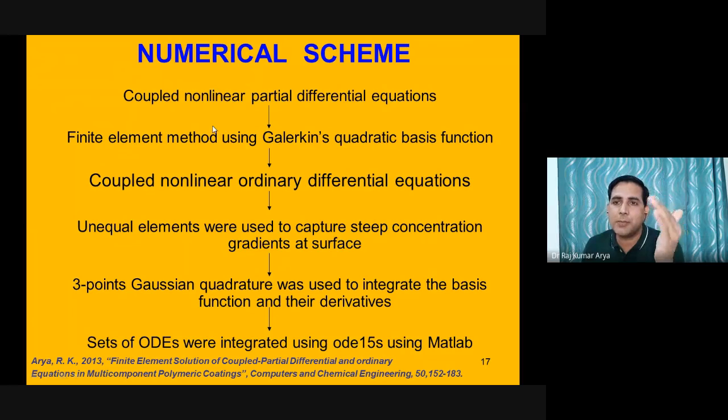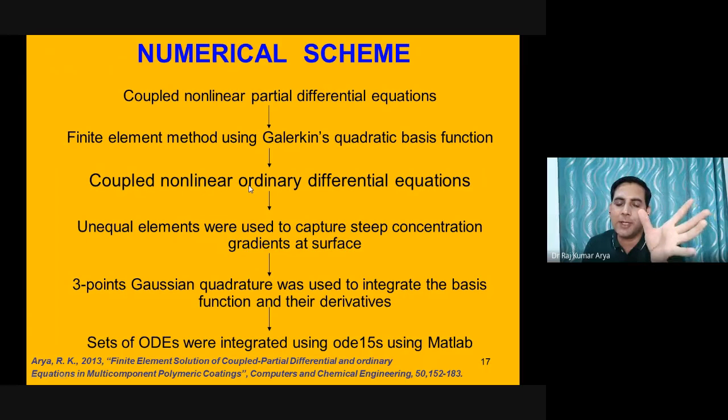So you have to somehow convert them either to ODEs or a system of algebraic equations, because we have the techniques to solve those. So I use the finite element method here. What does it do? It converts them to coupled nonlinear ordinary differential equations.